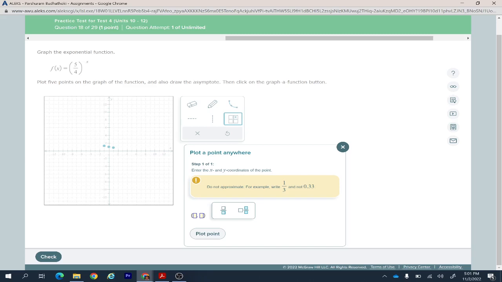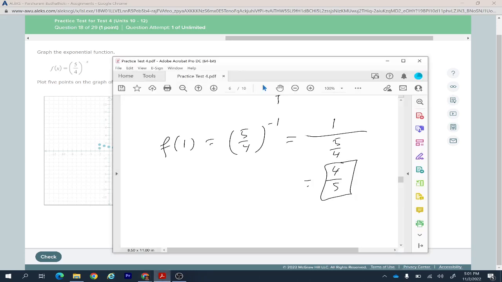So 3 points, and then you can also choose, let's say, negative 2. If you put negative 2, that will give you 5/4 squared, which is 25 over 16, because 5 squared is 25 and 4 squared is 16. And if I put positive 2, that will be the opposite, 16 over 25.